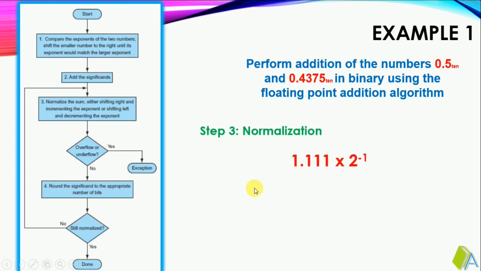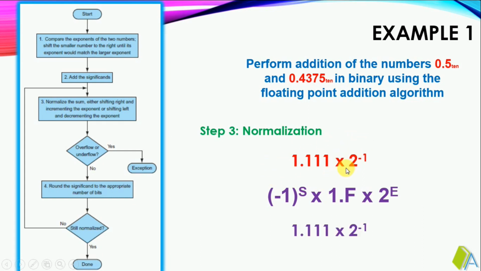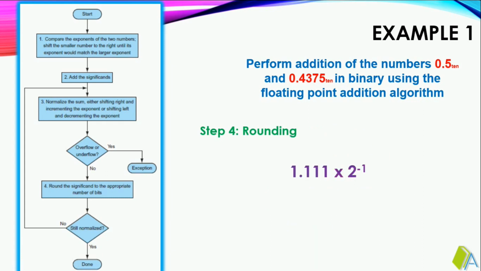Step 3, I have to perform normalization. According to the standard binary floating point normalization format, my obtained sum is already in the normalized format itself. So no need to perform further normalization. Next step is to perform rounding.